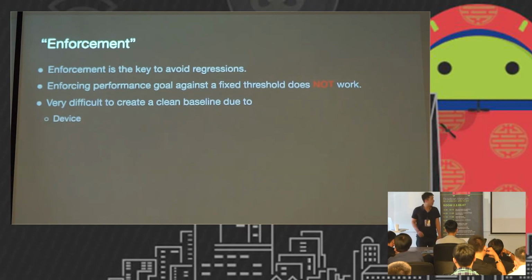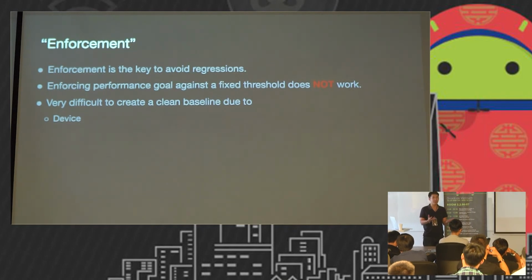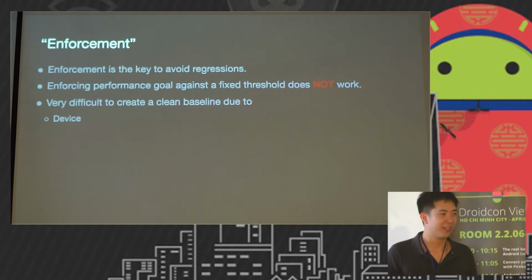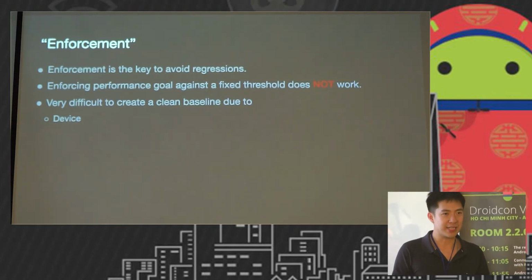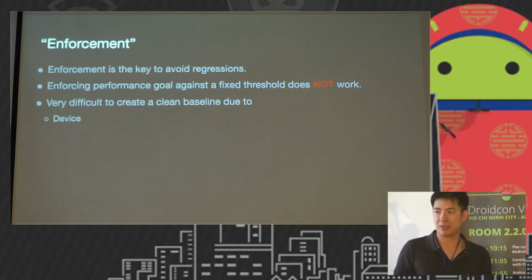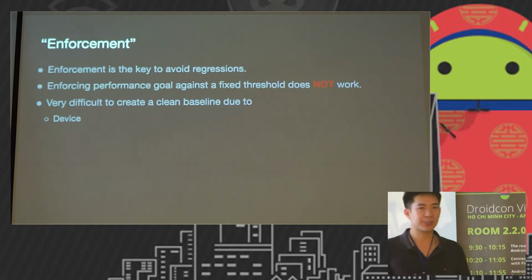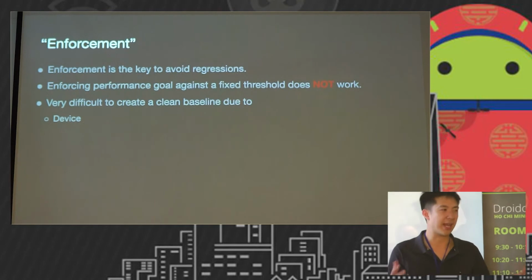We found that when you open the app on 2 different devices, you see different performance characteristics altogether. One device might be super slow compared to the other, and that's not due to the app but due to that particular device. So if you have a device lab or something like that, you cannot really say I want 2 seconds across the whole device lab.